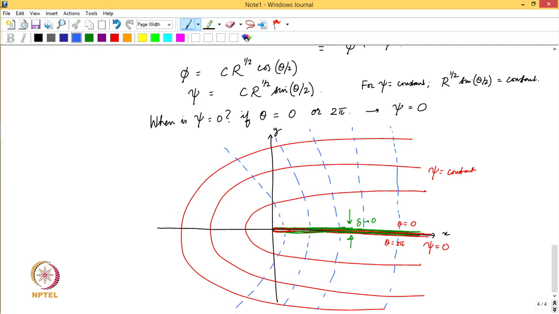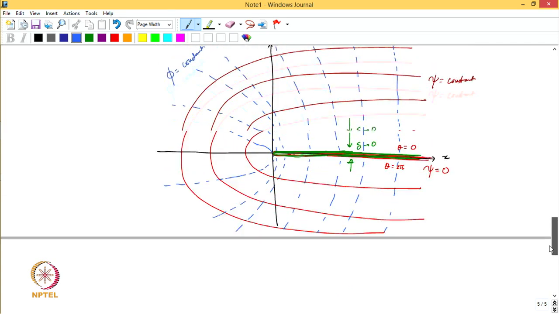So, they would look something like this. So, these are lines of constant phi, all right, but we have still not said anything about the direction of the flow. Okay. So, now we calculate the direction of the flow in this case.